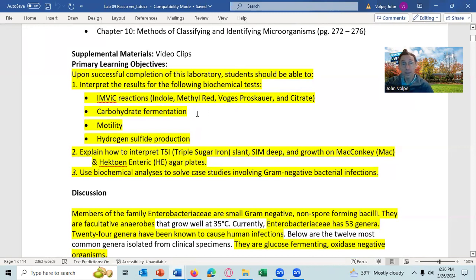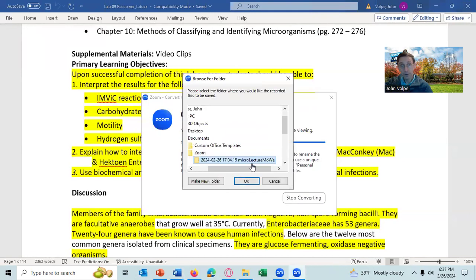We'll also talk a little bit about the carbohydrate fermentation, the motility test, and the hydrogen sulfide production test. We should also be able to explain how to interpret the TSI test, and that stands for triple sugar iron, the SIM deep test. Let me save that down.